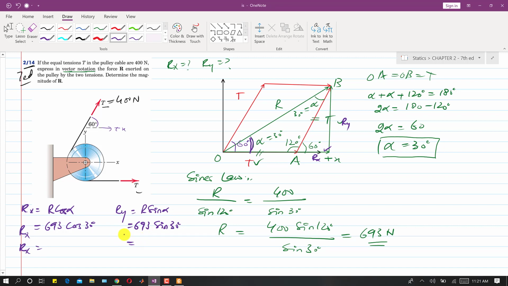So if I find these, Rx comes out to be 600 Newton and Ry comes out to be 346 Newton. So if we represent this as a vector, then R will be equal to 600i plus 346j, right? So this is the vector representation of this resultant, right? So this is the solution of this problem, right? So this is the magnitude and this is the vector representation of the resultant of these two tensions.